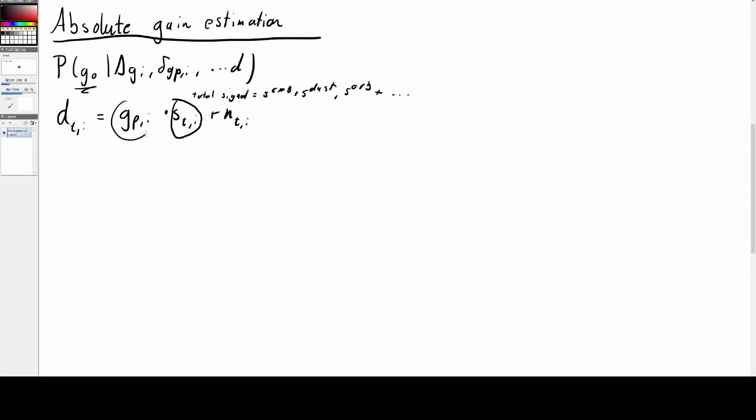So we want to replace this by G naught, and we want to replace this by the orbital dipole. So in order to do that, let's first subtract this term.